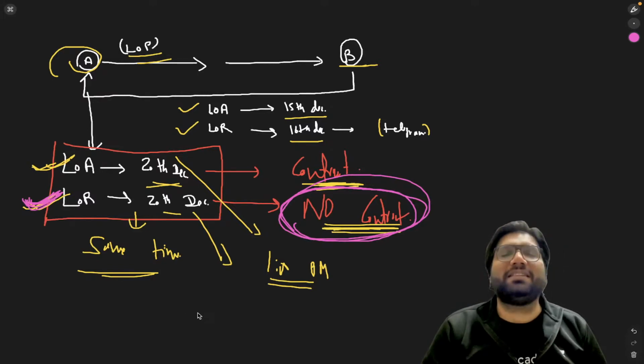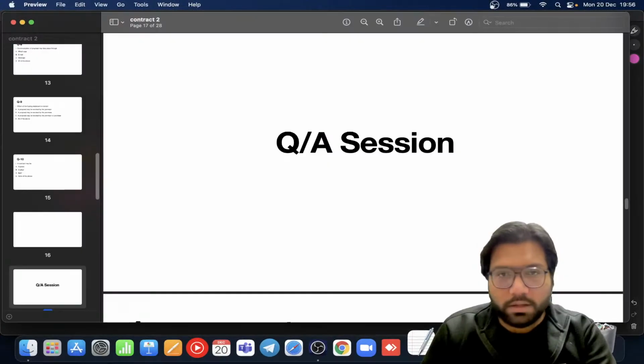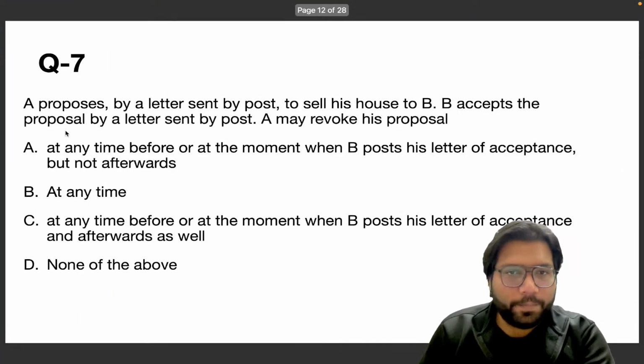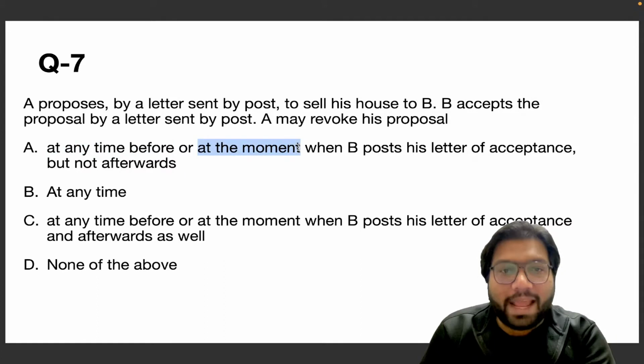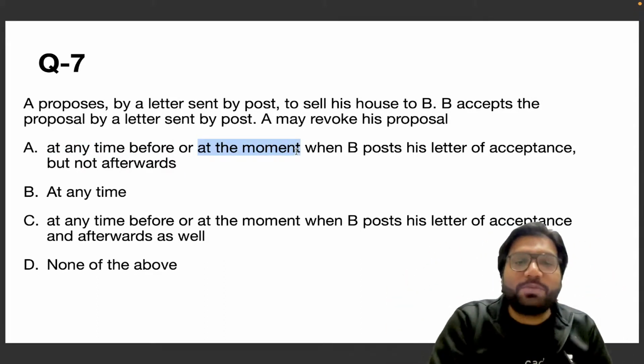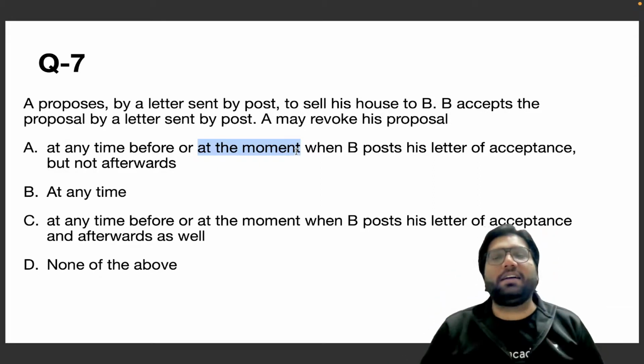You can read the illustration of section number 5, which has kind of the same wordings. See, at any time before or at the moment, which means the same time, that is why it will be treated as a rejection.